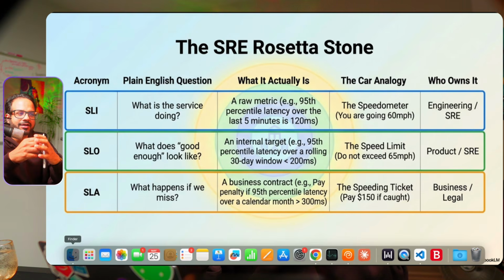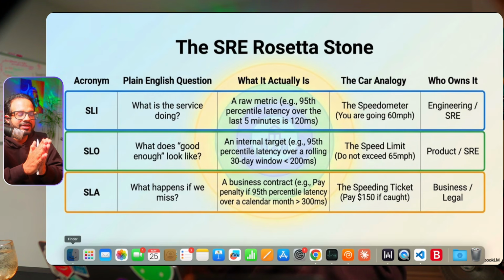For example, a company could have an SLA which says if 95 percentile latency over a calendar month goes above 300 microseconds, then the company will be paying a penalty to the user. That's an SLA between the customer and the service provider.